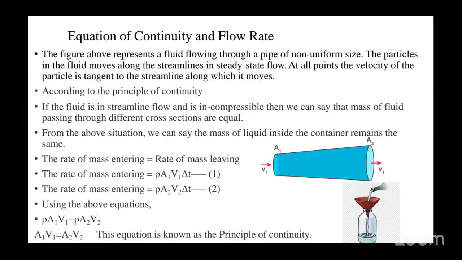But remember that since we are talking about fluid flow, volume is also associated with it, and we also consider the condition of incompressibility, which means that the density will also be constant all through.